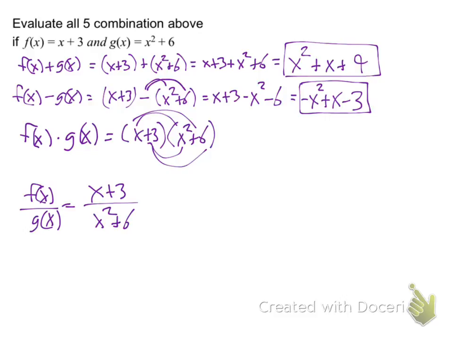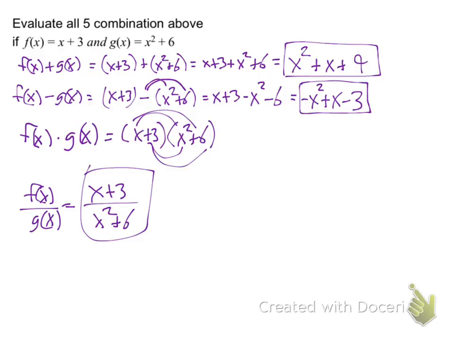Sometimes you can't. What I mean by do more is, can you simplify it? x plus 3 is in simplest form already. Is x squared plus 6? Can I factor that or break it down more? No. So therefore, I cannot cancel anything. There's my answer. So you just leave it like so.